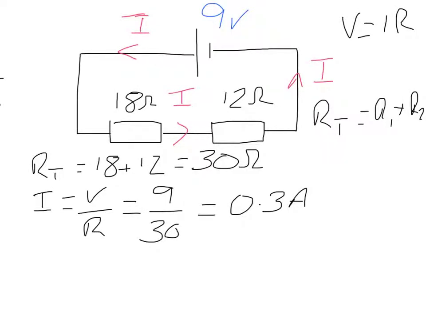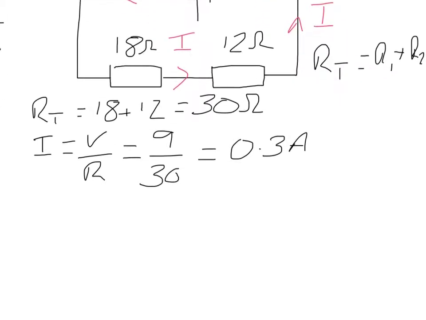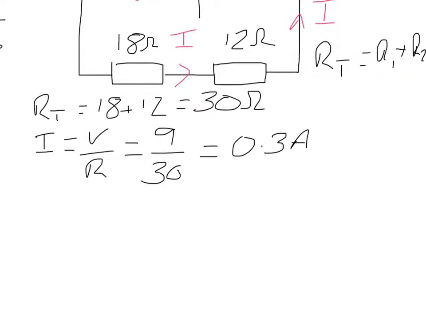Okay, so we can use that result, current is equal to 0.3 of an amp, to work out the voltage drop, the potential difference across each of the resistors, if we wish. We've got 18 ohms, so the potential difference V across the 18 ohm resistor is going to be equal to the current flowing through that resistor, which is the same value everywhere, so it's still 0.3 amps, times the resistance of the 18 ohm resistor.